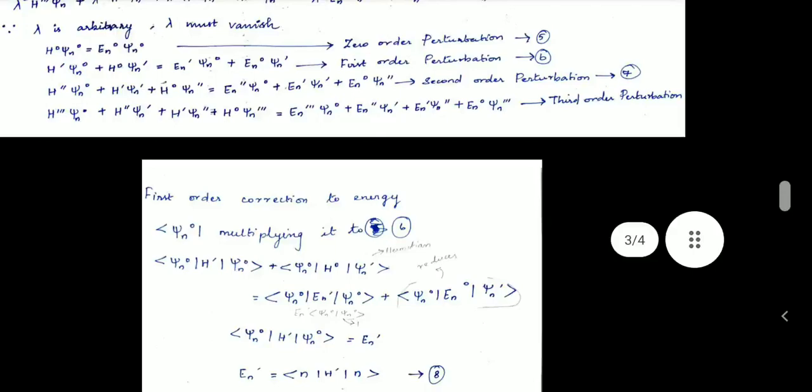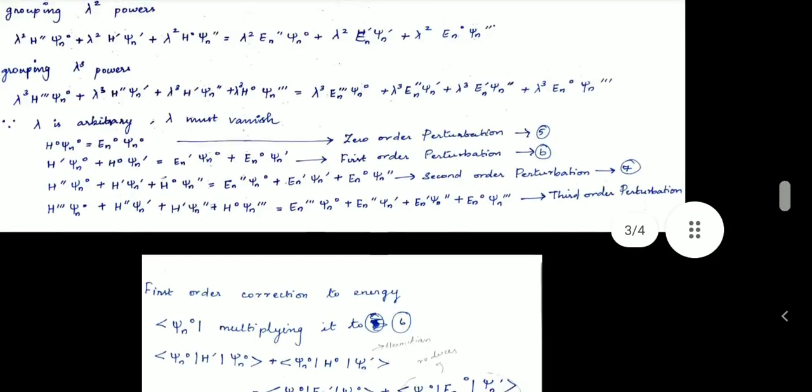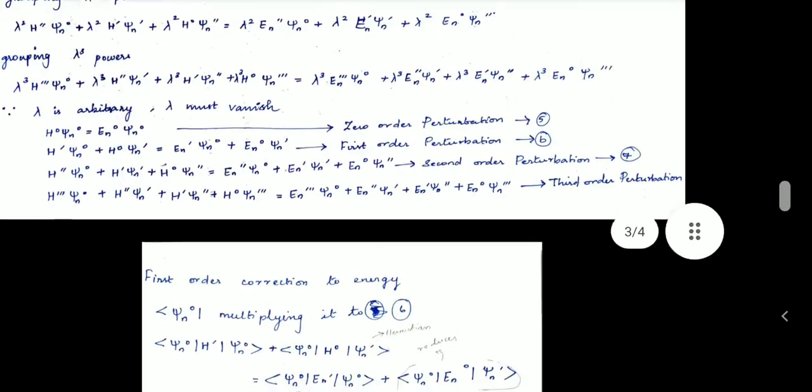So the first order correction to energy is, first we have to multiply the Bra vector of psi n naught to the 6th equation, that is first order perturbation.